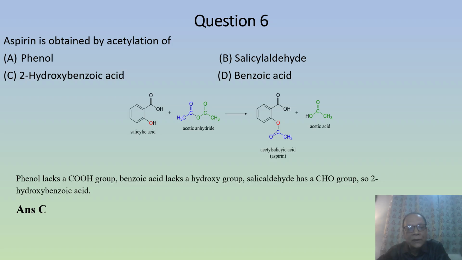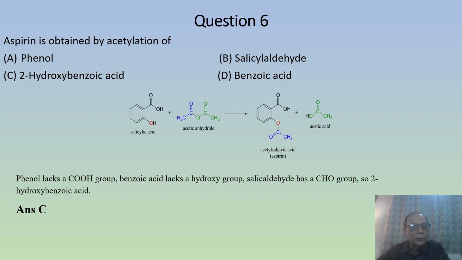So we have salicylic acid, which contains an acidic group and a hydroxyl group, reacts with acetic anhydride, and you get acetyl salicylic acid, aspirin, and a molecule of acetic acid. Phenol lacks the COOH group, though it has an OH group. Benzoic acid lacks a hydroxyl group, because it has a carboxylic group, and salicylaldehyde has a CHO group.